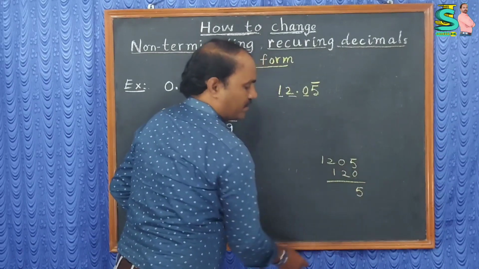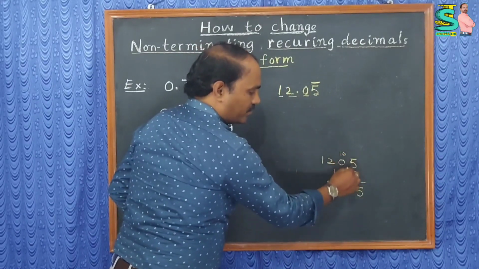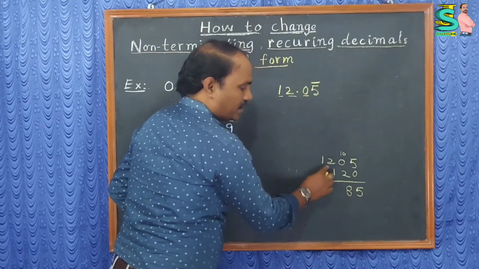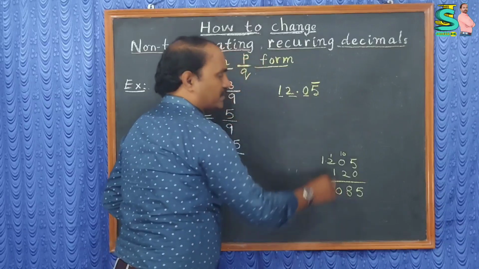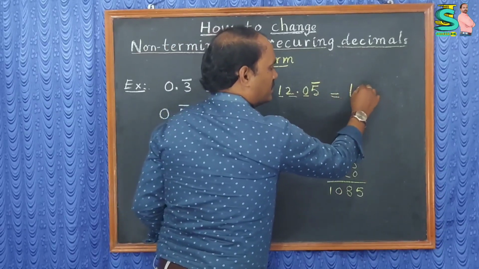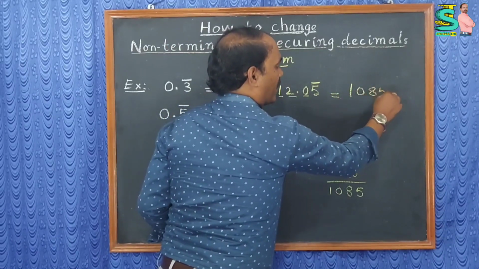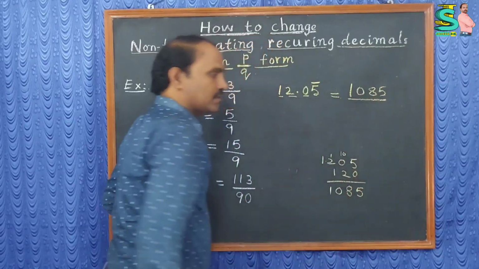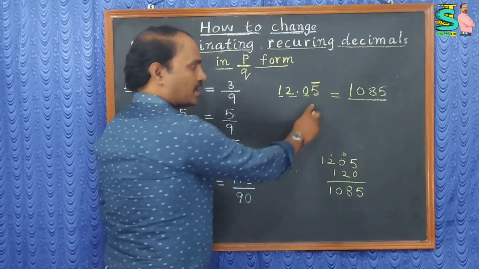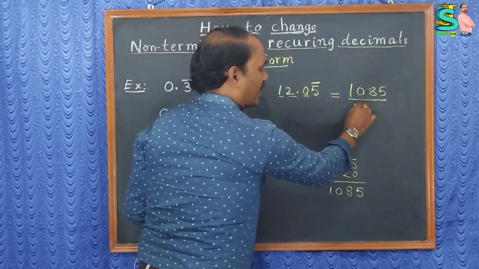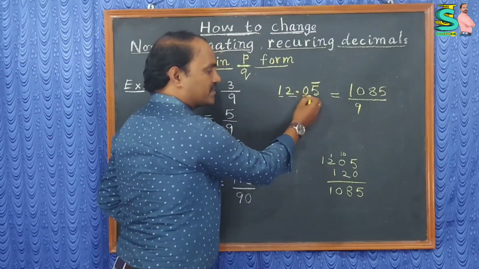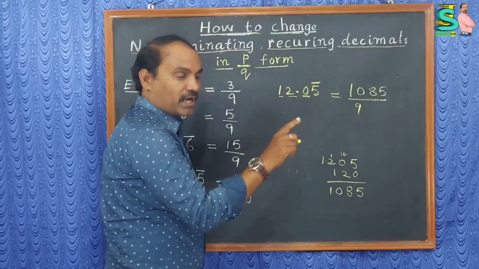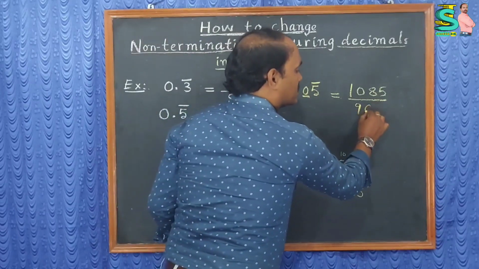Now 5, here 10, so 10 minus 2 is 8. Here the bar is gone, so 1 minus 1 is 0, and 1. So this one is 1085 by how much? Under the bar one digit, so 9, and after the point one more digit is there which is not under the bar, so you write 10.